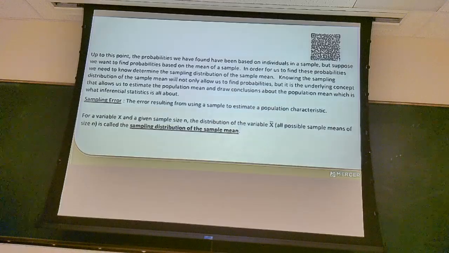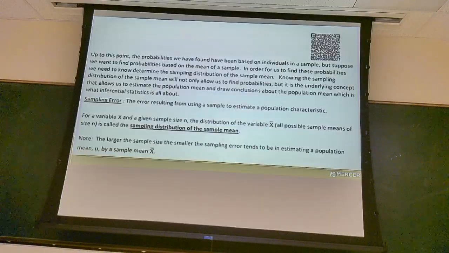We take random samples of a certain size from that data, calculate the mean, rerun that experiment, calculate the mean, rerun that experiment, calculate the mean. That is what the distribution of sample means is. The larger your sample size, the smaller the sampling error tends to be.